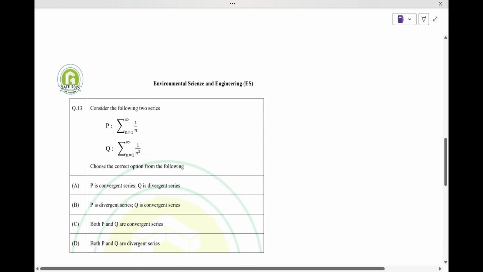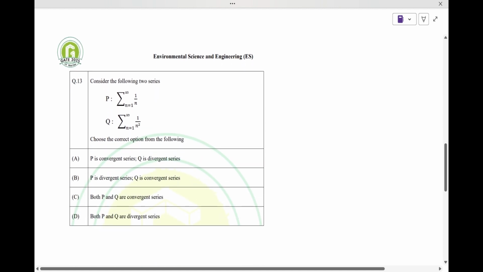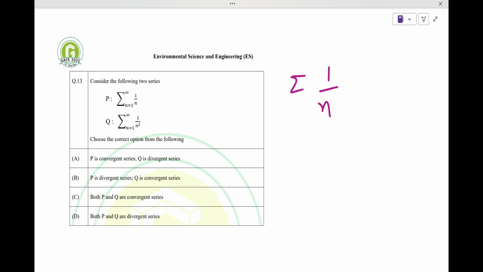The question here is to choose the correct option for these two series P and Q. Now just remember the P series. What is a P series? If we have summation 1 by n raised to power p, it will converge when p is greater than 1 and diverge when p is less than or equal to 1.